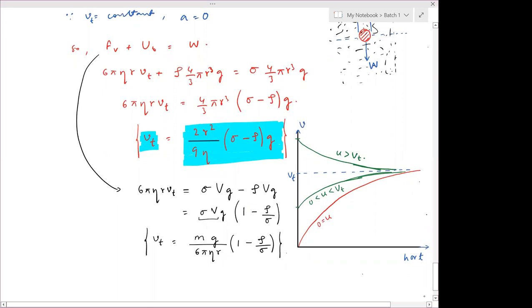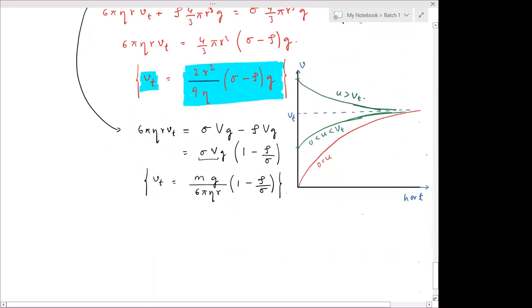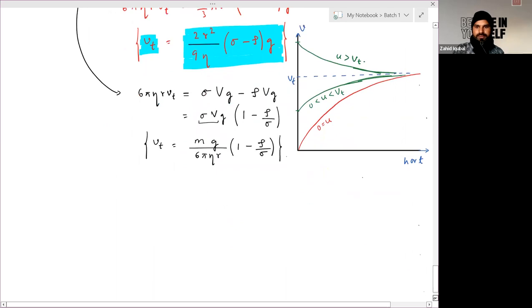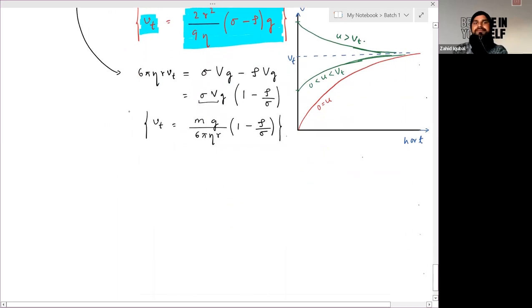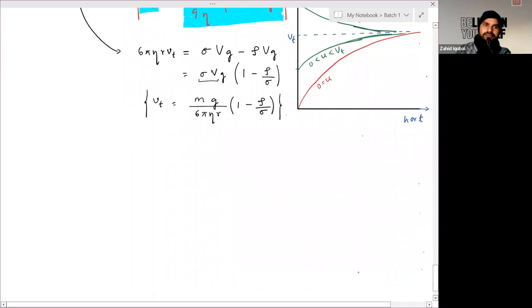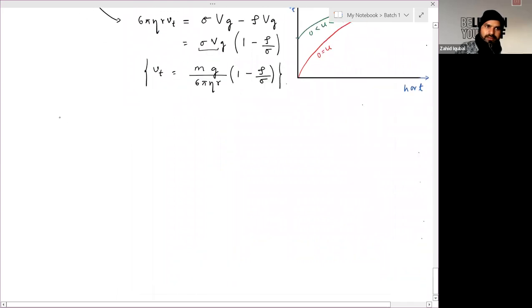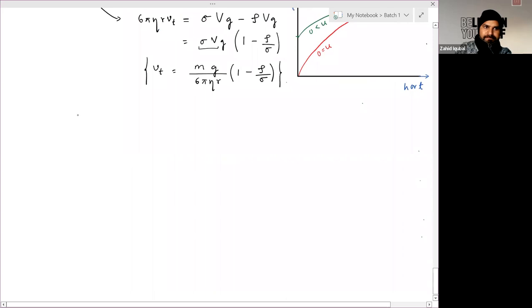Done, sir. Okay. Now let me define problems related to this part. Suppose you have n number of small raindrops, each falling down at some constant terminal velocity v1.